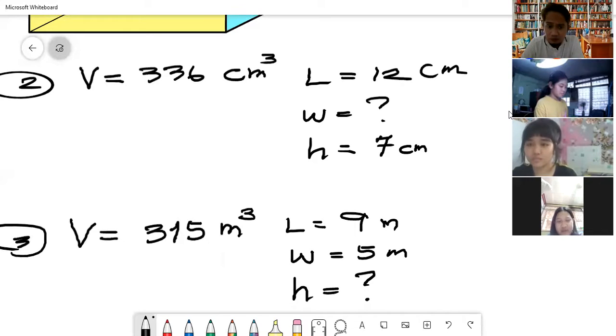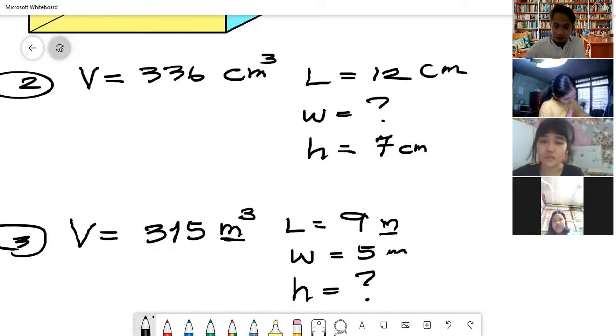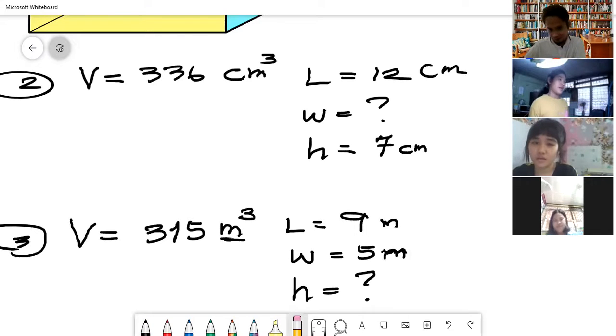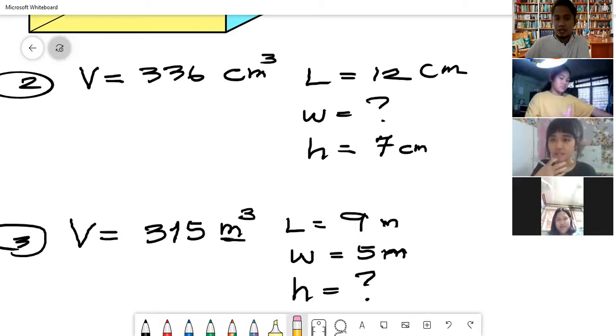Will number 3 be answered in centimeters or meters? Meters. Do the same as number 1, but you change to meters only. Only the M is not the same.